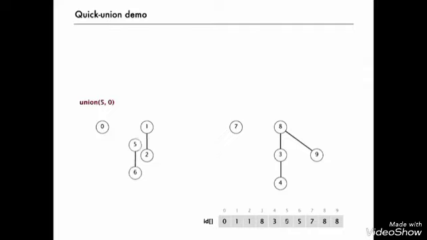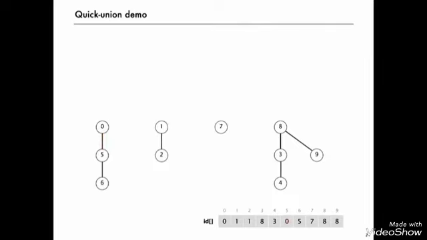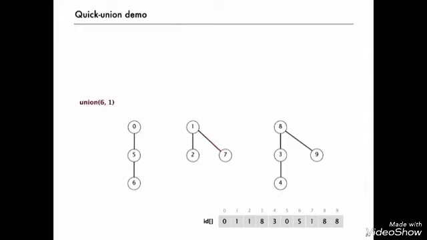5 and 0, 5 goes to be a child of 0. 7 and 2, 7 goes to be a child of 2's root, which is 1. 6 and 1, 6's root is 0, 1 is its own root, so 0 becomes a child of 1.